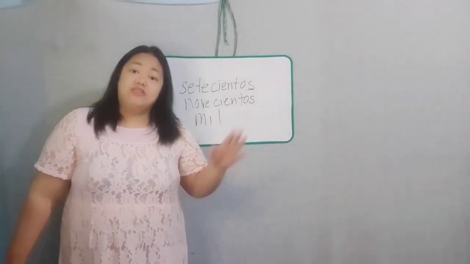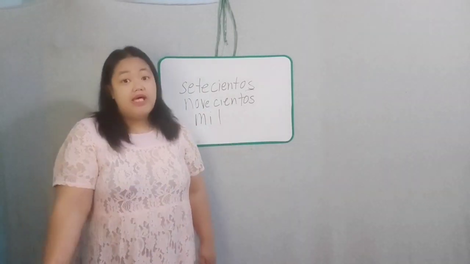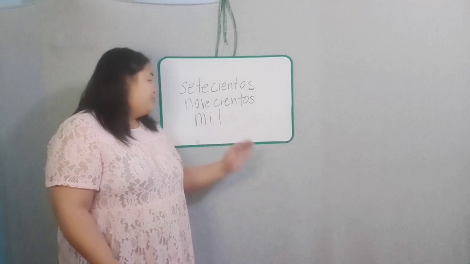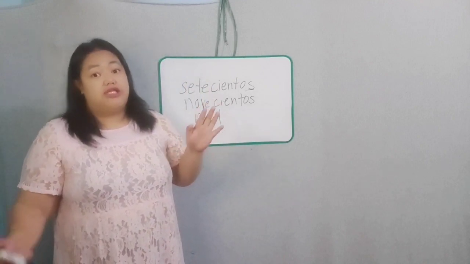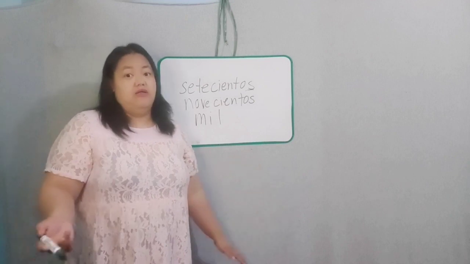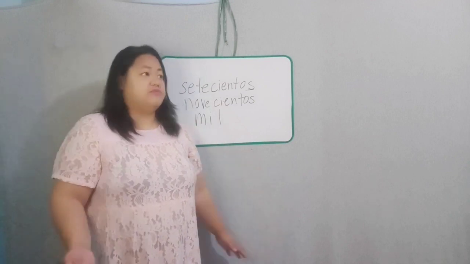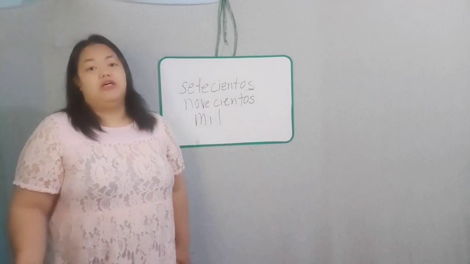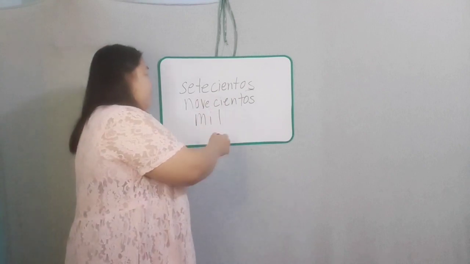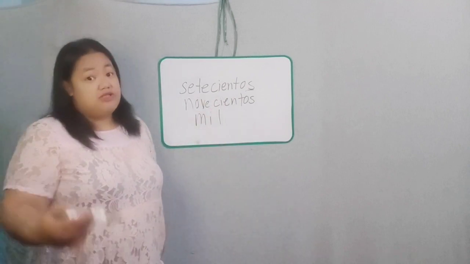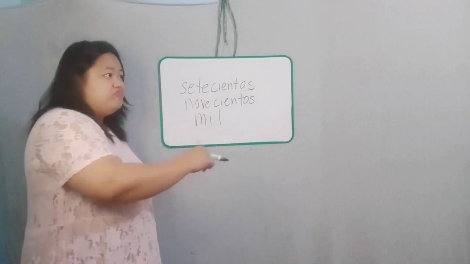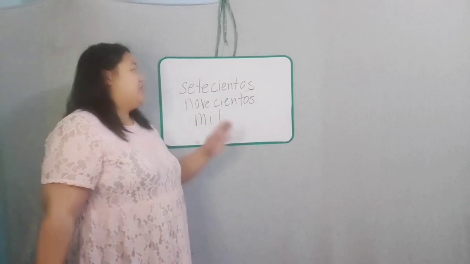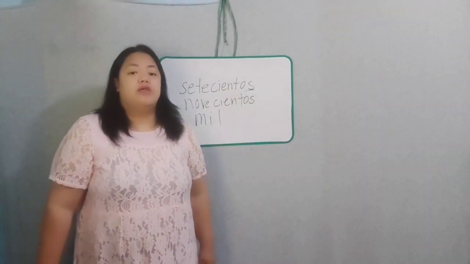So mil is 1,000, and you say 2,000, 3,000. So you don't put S. So it's just mil. 4,000, 10,000, 12,000, 13,000. So that's how you say mil in thousands in Spanish. So mil is 1,000 and then no S's, unlike in hundreds.